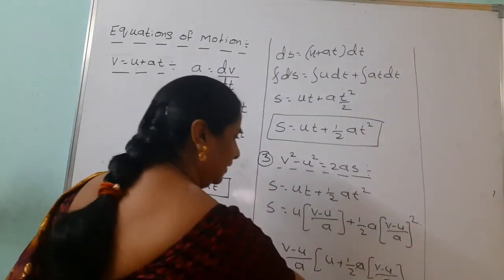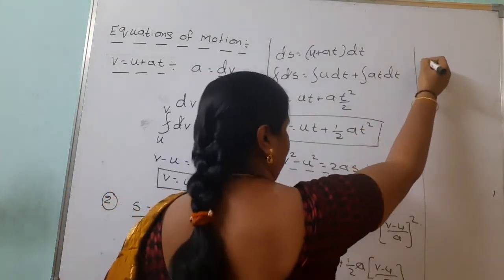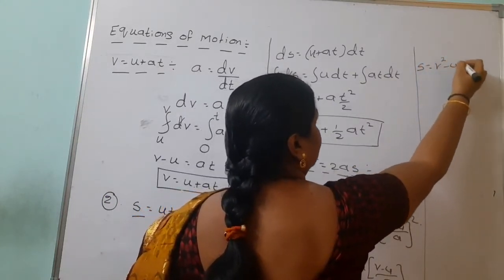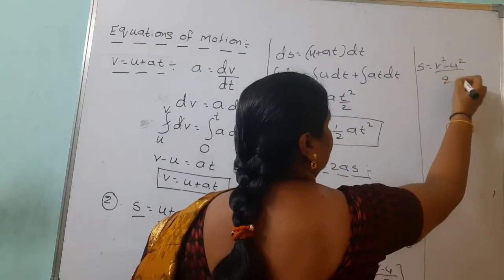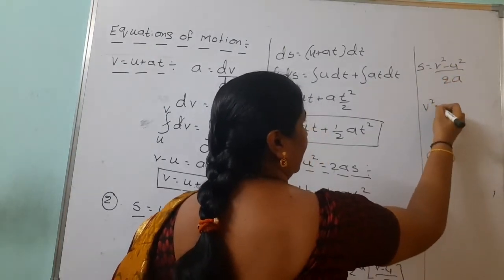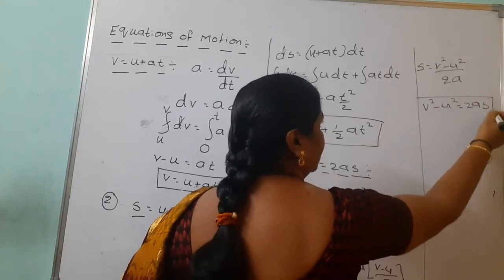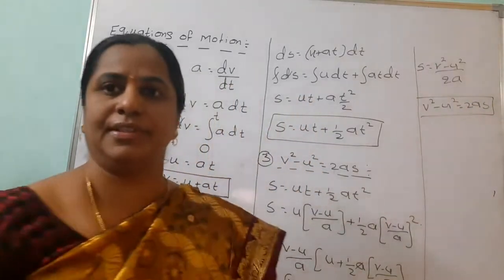Then we get s equals (v square minus u square) by 2a. So finally we get v square minus u square equals 2as. This is the third equation of motion.